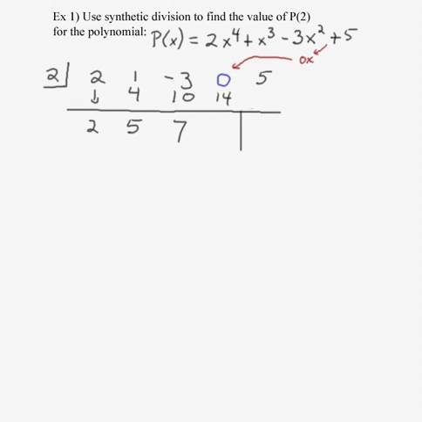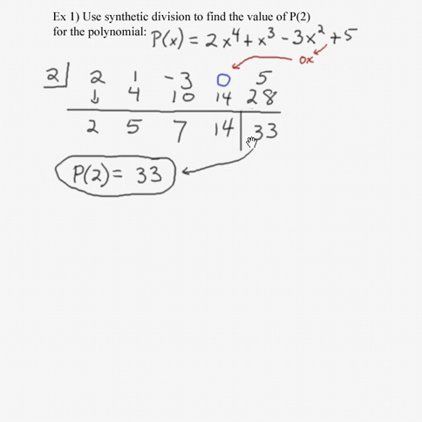When we add 0 plus 14, we get 14. 2 times 14 is 28, and 5 plus 28 is 33. In this case, since we're just doing the remainder theorem, ignore the quotient and just look at the remainder. We know that p of 2 is equal to 33.